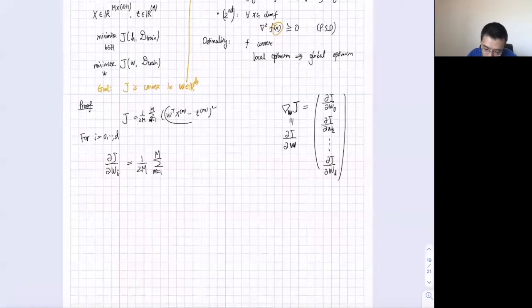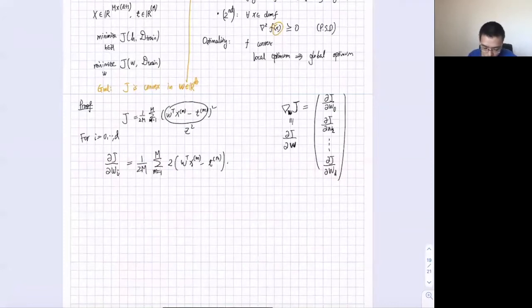Then you know this is a scalar, so I can call it maybe z. And when you take the z squared, you take the partial derivative, you first take 2 times z, and then you say z prime, right? So this is the chain rule. So I can say 2 times w transpose xm minus tm times the partial derivative of each term, okay?